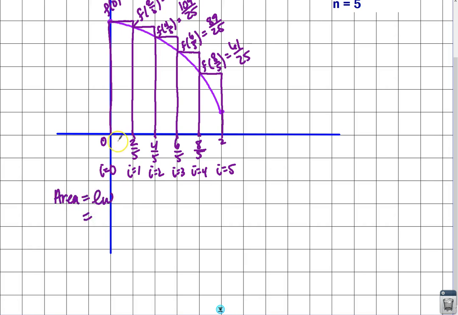I already know that each one of these is going to be a width of 2/5, so I'm going to skip a step here and make this 2/5 times 5 plus 121 over 25, 109 over 25, 89 over 25, 61 over 25. Okay, did I get all those? 1, 2, 3, 4? Yes, I got them all. Okay. Notice I didn't do anything with the y value at 2. Okay, I don't need it this time because the height of my rectangle now comes from the left side, not from the right side.